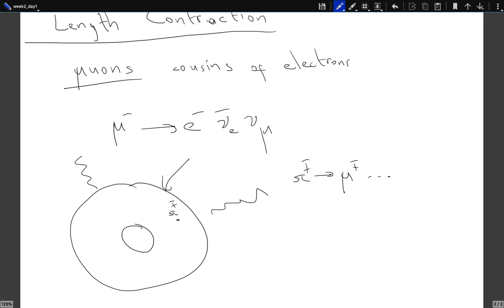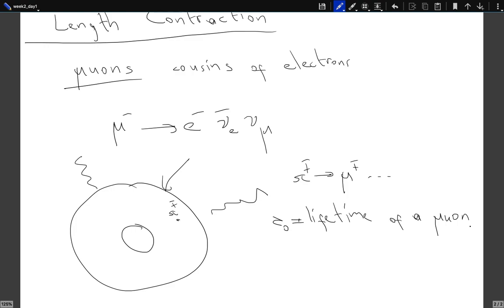And muons also have a finite lifetime. So at least in the rest frame, if you would have a muon at rest, it will stay as a muon for some time. Let's say for a time tau 0. So in the rest frame, it has a lifetime tau 0.